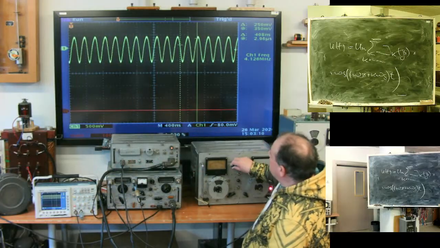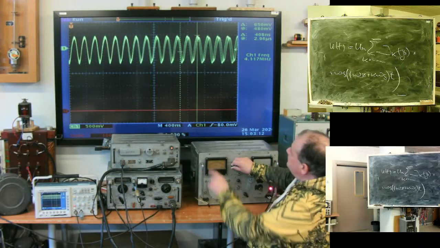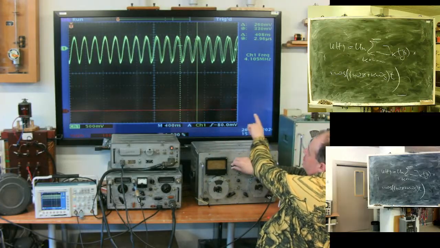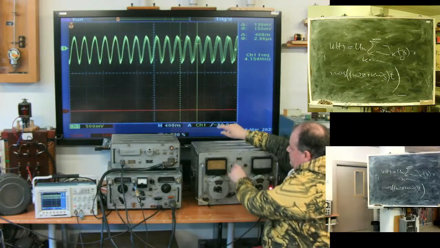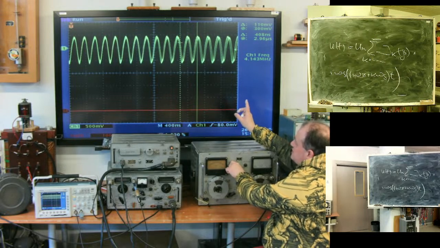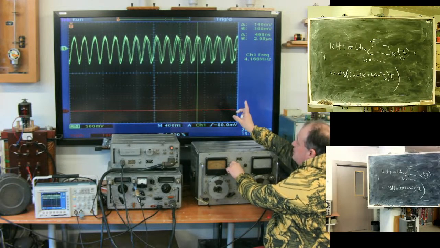This is what's going on. No deviation, one signal. The higher the deviation, the higher the change in instant phase.